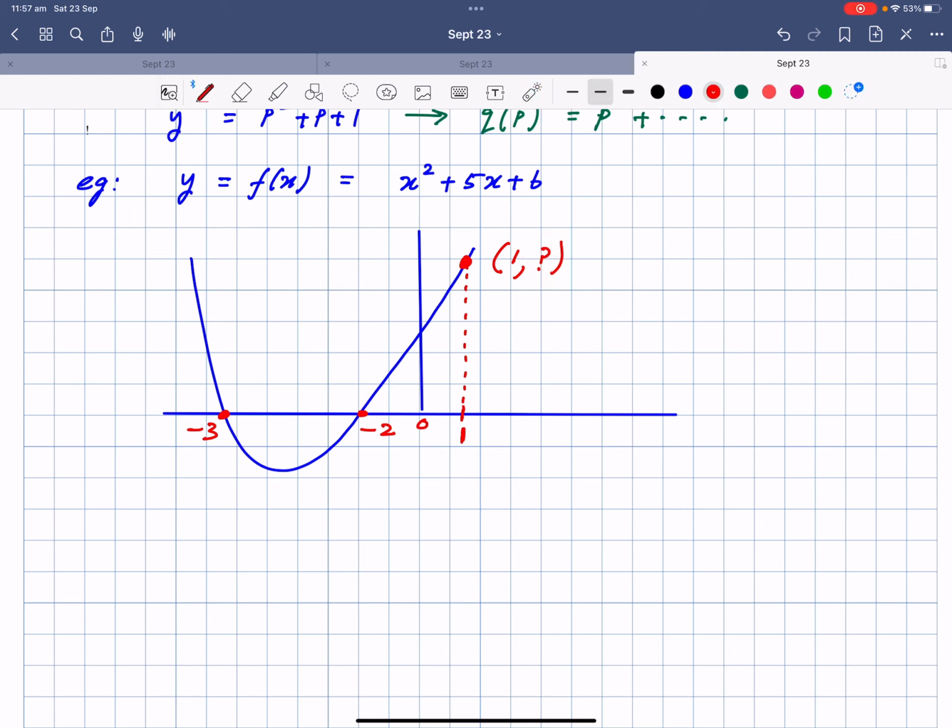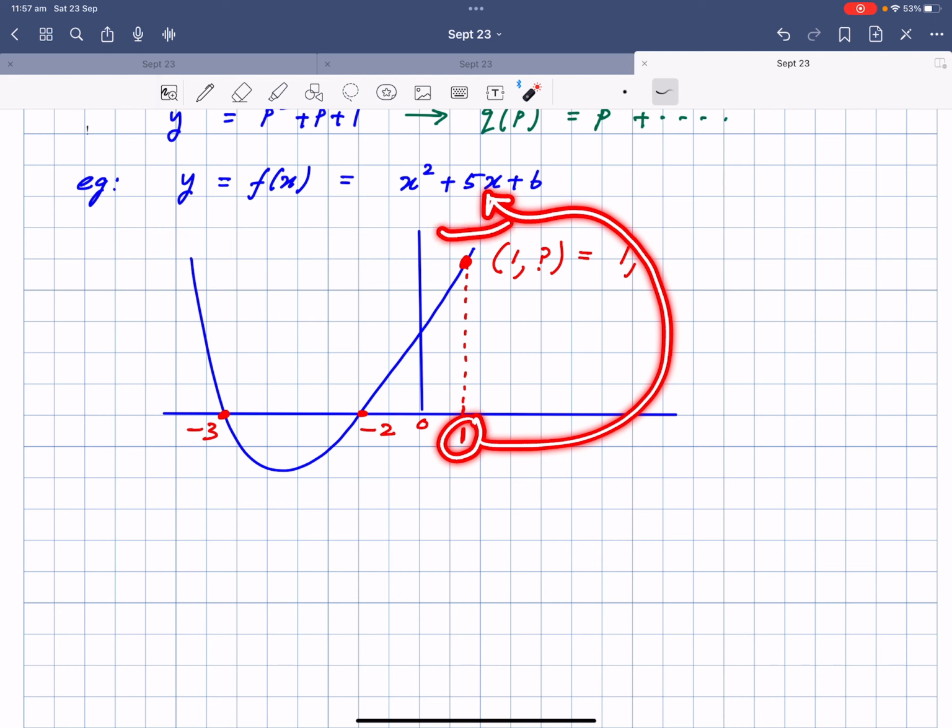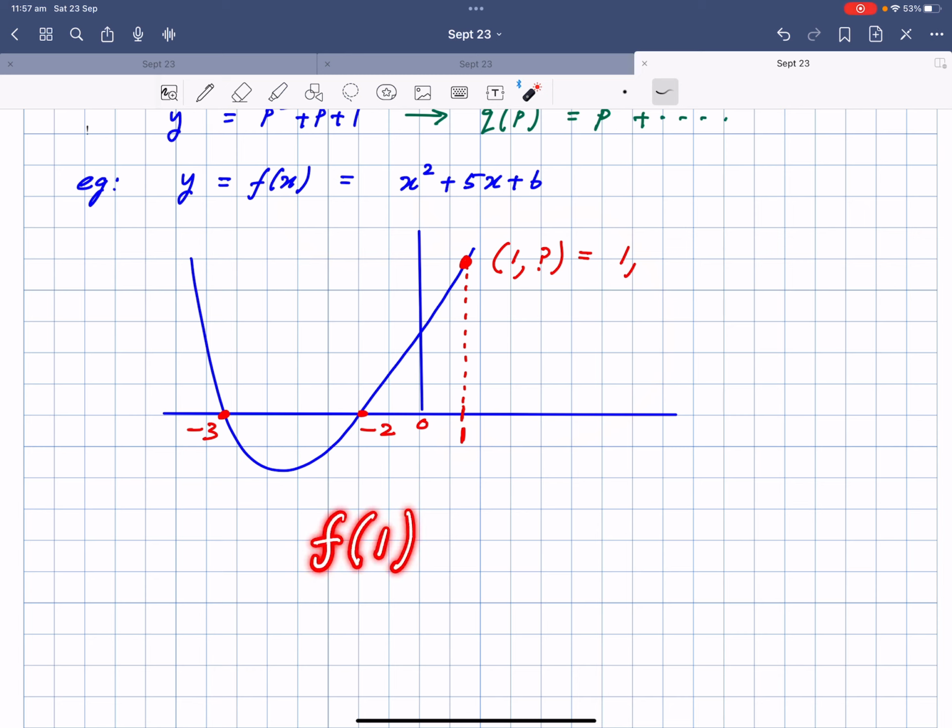However, using the functional notation, you can write this one as 1 comma, you are substituting this value over here as well, right? So what I'm saying is f of 1 is nothing but 1 squared plus 5 times 1 plus 6, which is going to be 12.